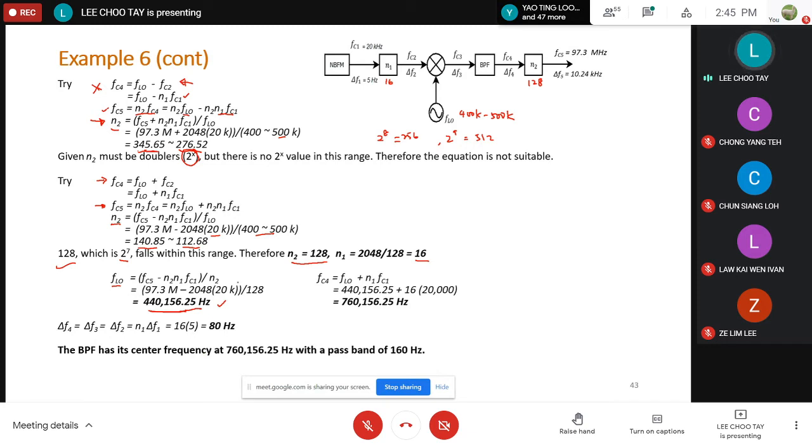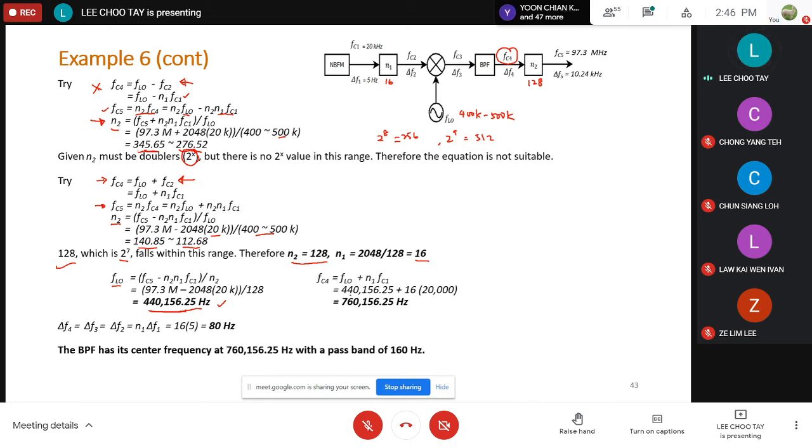Then what kind of bandpass filter can you use over here then? To find out the bandpass filter requirement, you need to know your FC4. So now putting back your FLO and FC2 into this equation here will bring you FC4.